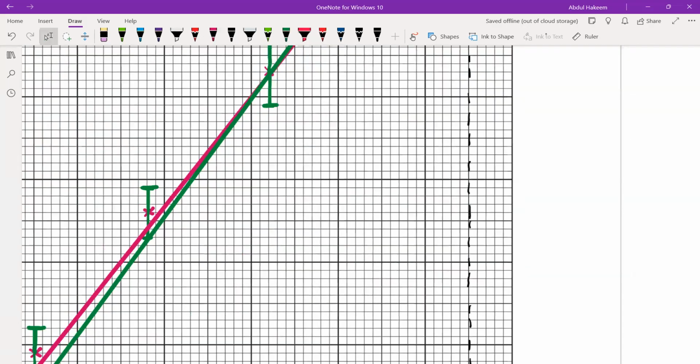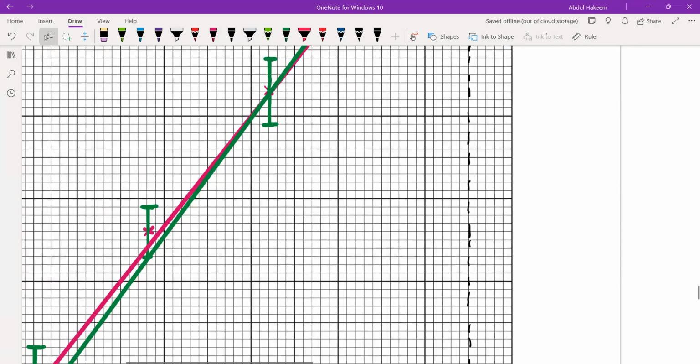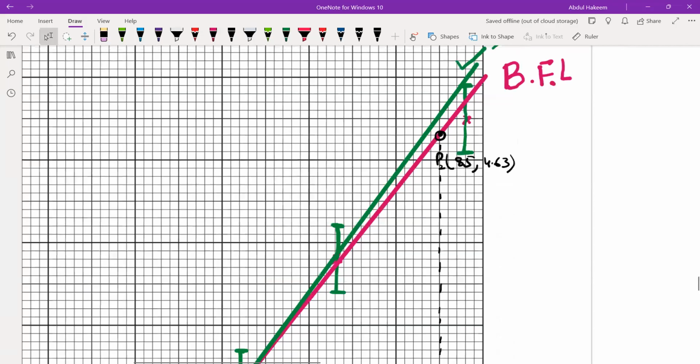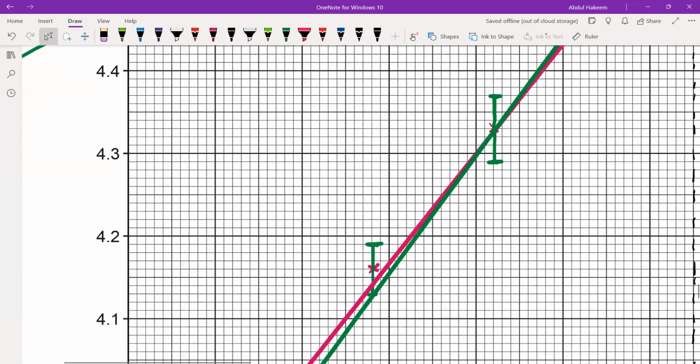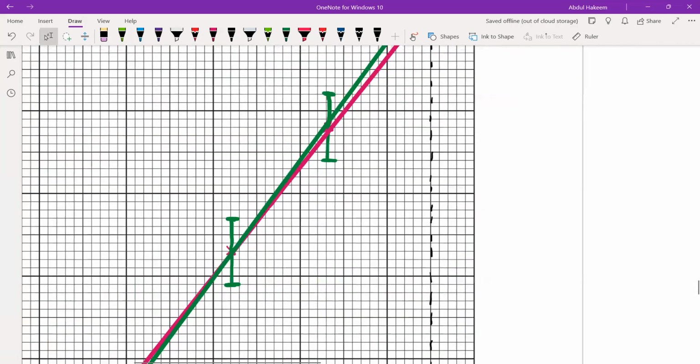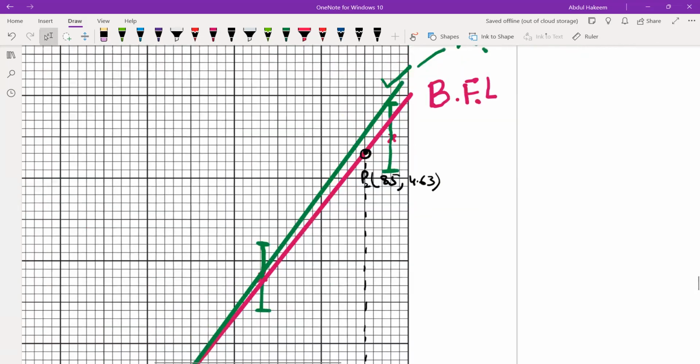Similarly, we will take another point for the worst fit, for example, this one.